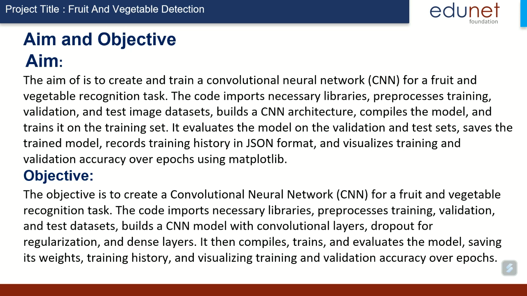And our objective of the project is to create a convolutional neural network for fruit and vegetable detection, and we import the libraries and pre-process the training, validation, and test datasets, building a CNN model.